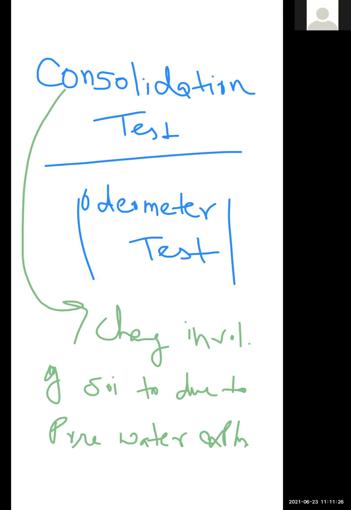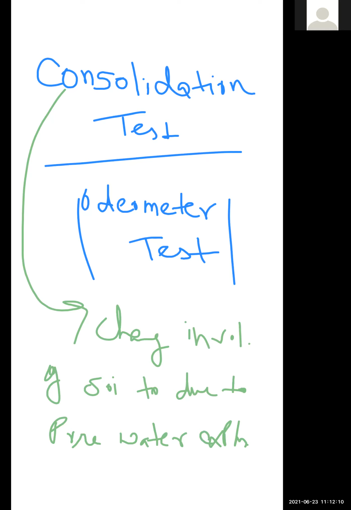So compaction is a different thing and consolidation is different. In compaction, the change in volume is due to expulsion of air, the void present due to air. In consolidation, the reduction in volume of the soil is due to pore water expulsion by continuously supplied load over a large time interval.